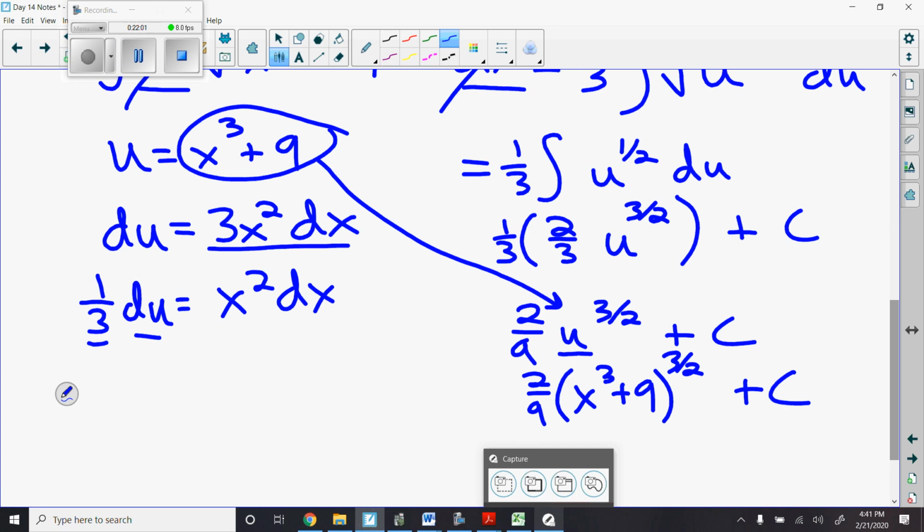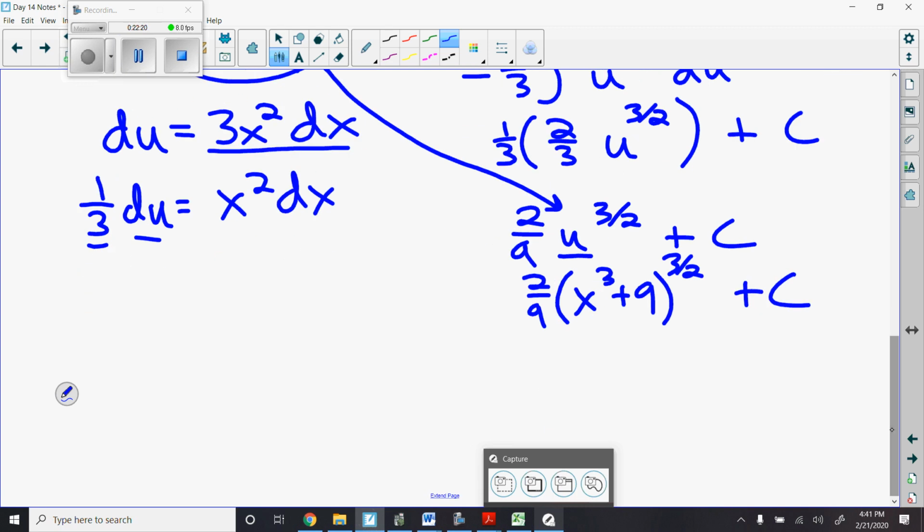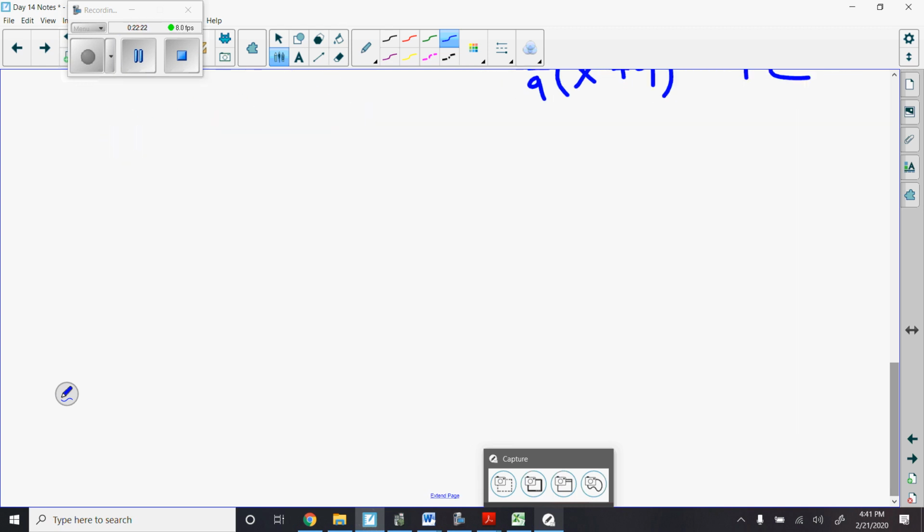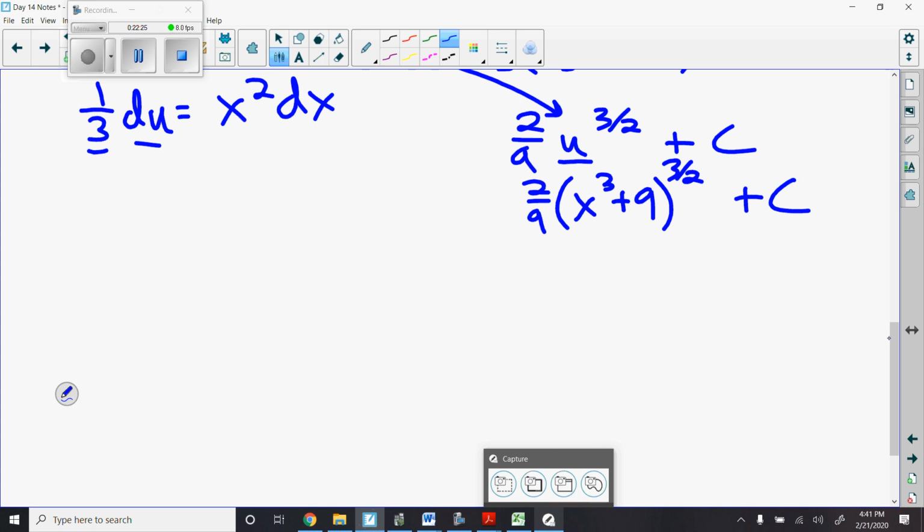Now, you can always test your answer by doing the derivative of your answer. The derivative of my answer should go back to that original problem of x squared times the square root of x cubed plus 9. I'm just going to show you that quick here. Right, I can test by doing the derivative.